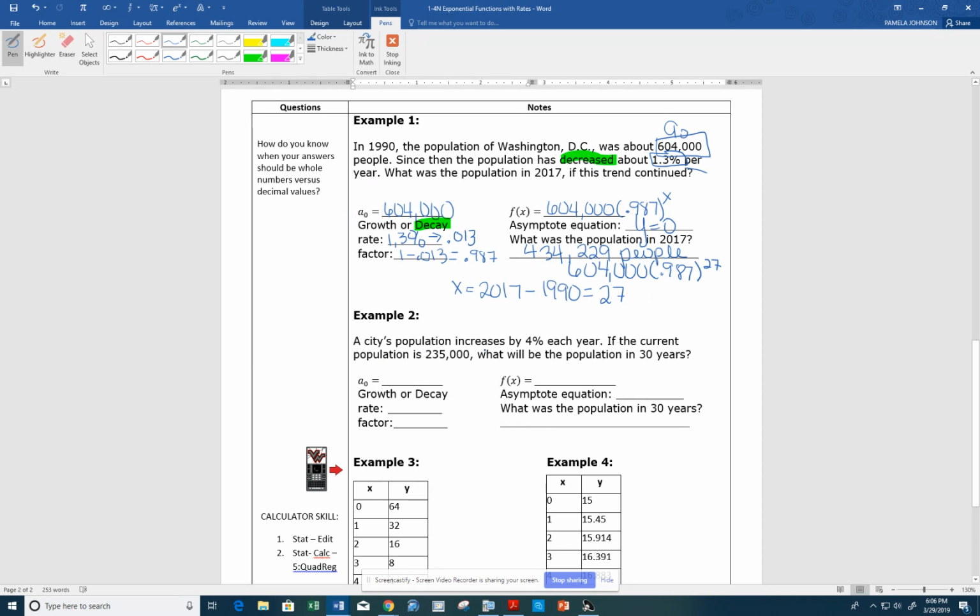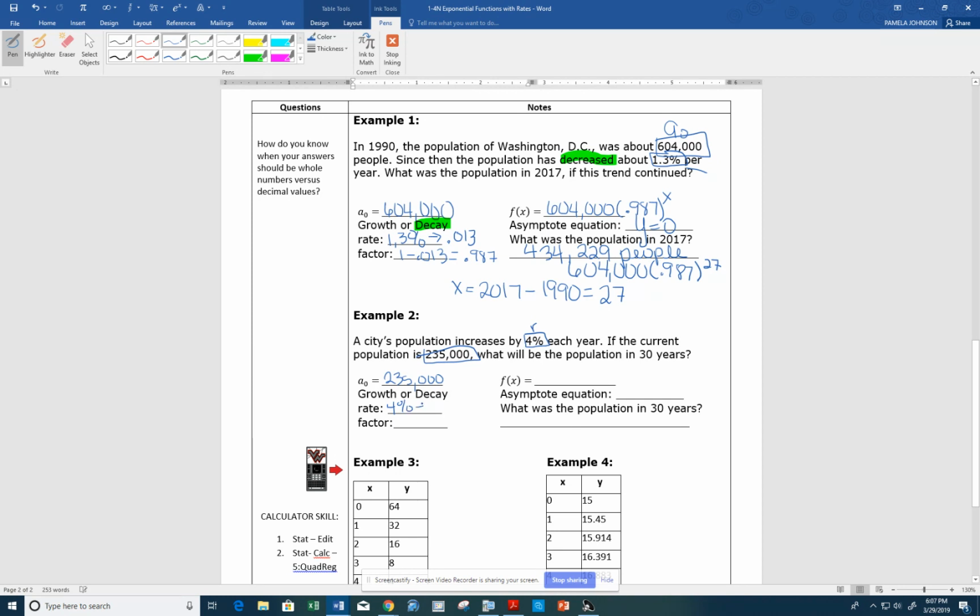A city's population increases by 4% each year. If the current population is 235,000, what will be the population in 30 years? So again, we need to find our a sub 0, our start value, and that's going to be the 235,000. Our rate is the 4%.